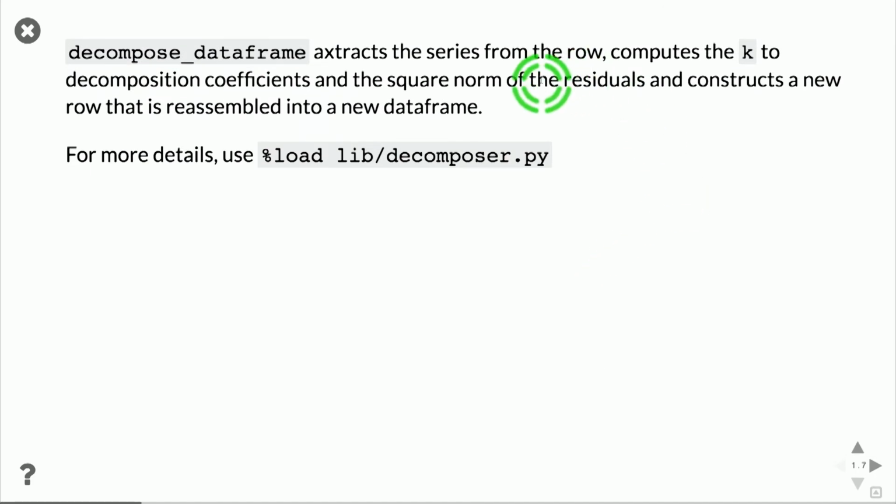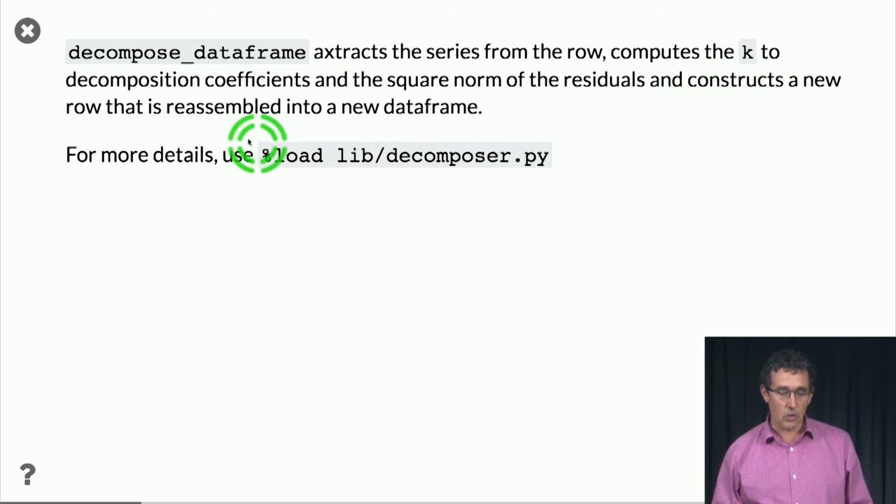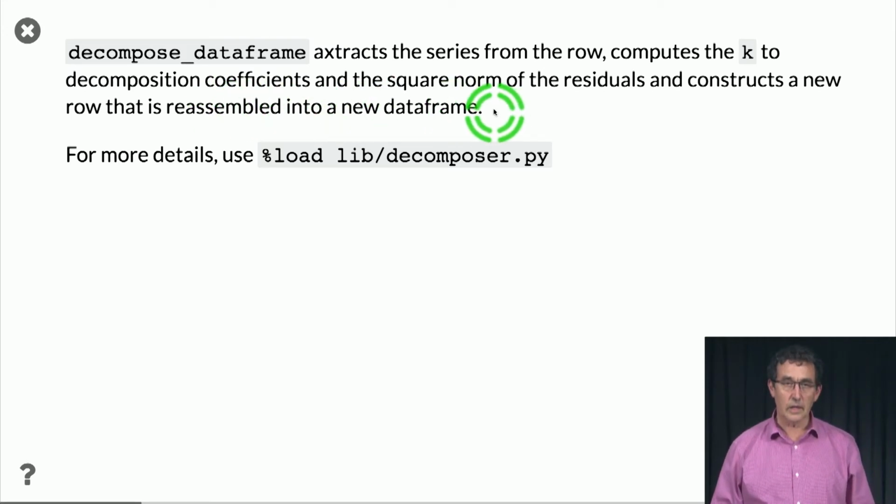Okay, so the function decompose data frame extracts a series from a particular row, computes the k decomposition coefficients and the square norm of the residuals, and constructs a new row that is reassembled into a new data frame.